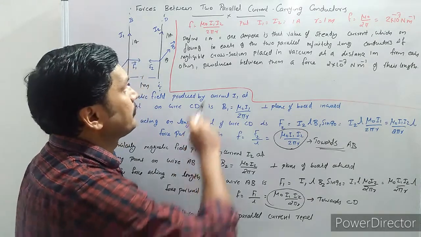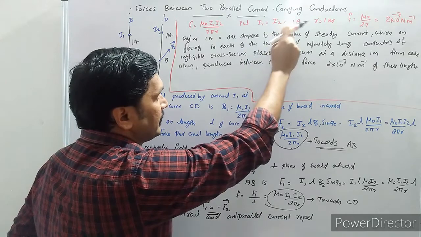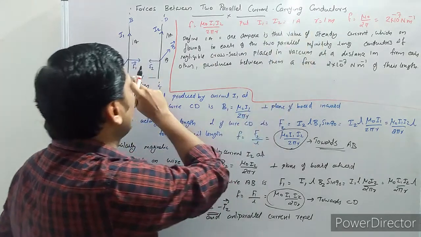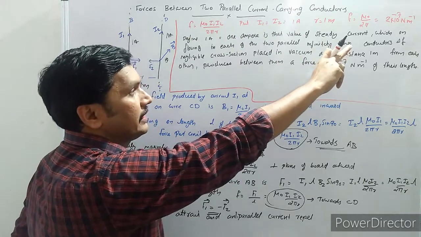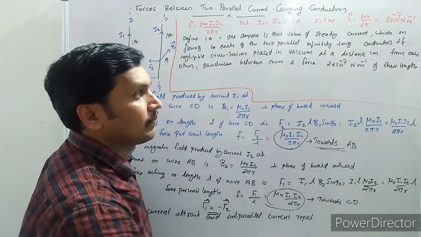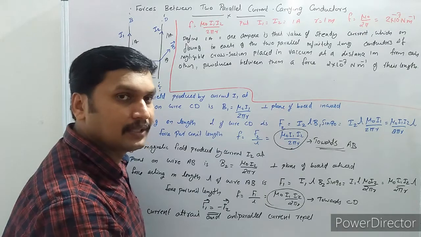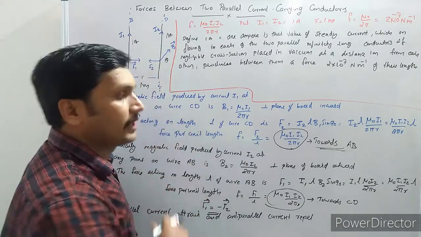Once more, if you put I1 equal to I2 equal to 1 ampere and r equal to 1 meter, we get the force per unit length between two parallel current carrying conductors as 2 into 10 raised to minus 7 Newton per meter. The current in both these conductors is 1 ampere.